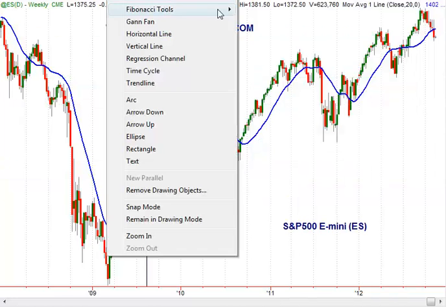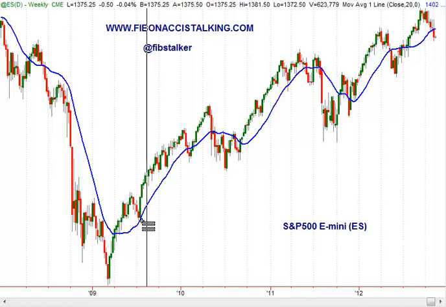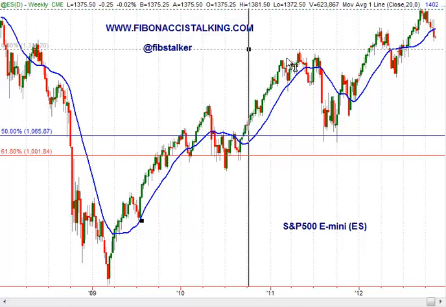And again this level 790 provided support again at the end of 2011, and as we can see in 1065 we found the next level of support.